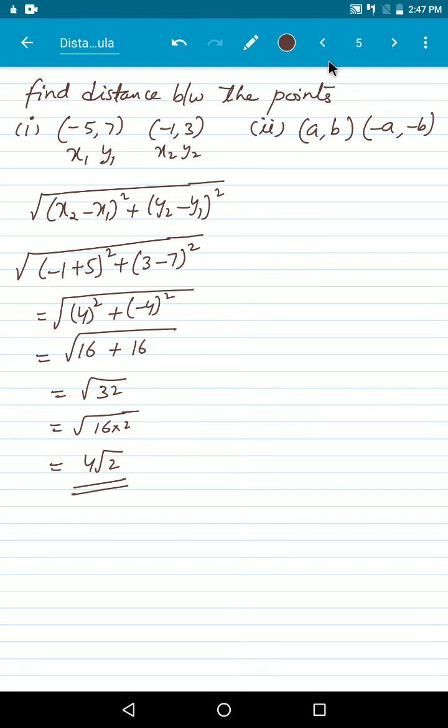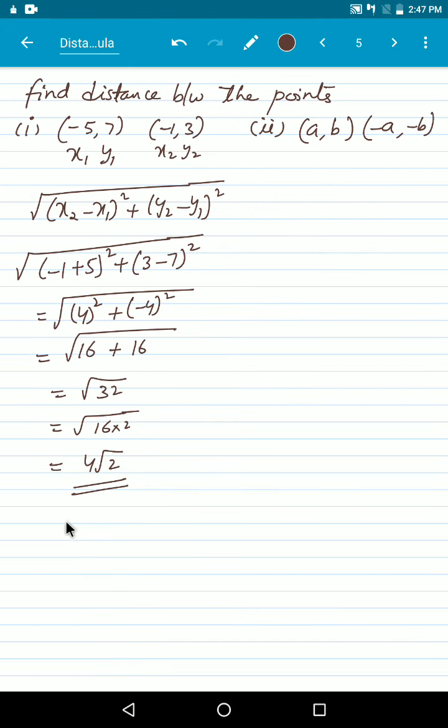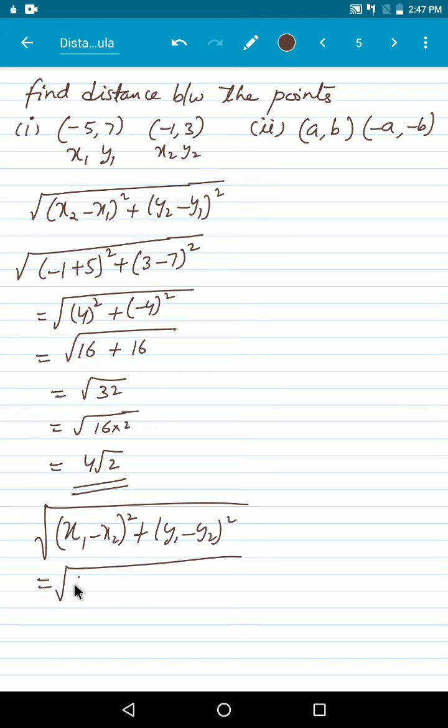Now I told you we can use (x1 minus x2) whole square plus (y1 minus y2) whole square also, right? Let us use that in place of (x2 minus x1) whole square plus (y2 minus y1) whole square. Let us see whether we'll get the same result or not. x1 is minus 5 minus x2. x2 is minus 1, so minus of minus 1 will become plus 1. y1 is 7 minus y2. y2 is 3.